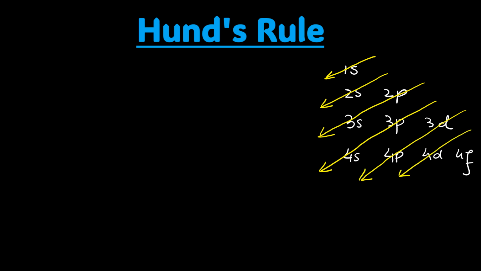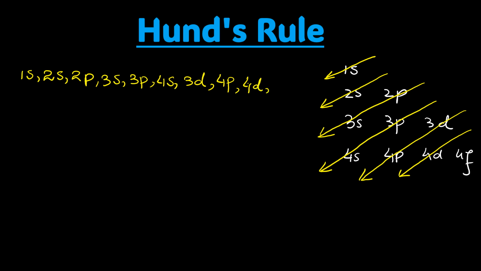Electrons will prefer to fill first the 1s subshell, then 2s, then 2p, then 3s, 3p, then 4s, then 3d, then 4p, and then 4d, and then 4f subshell, and so on.